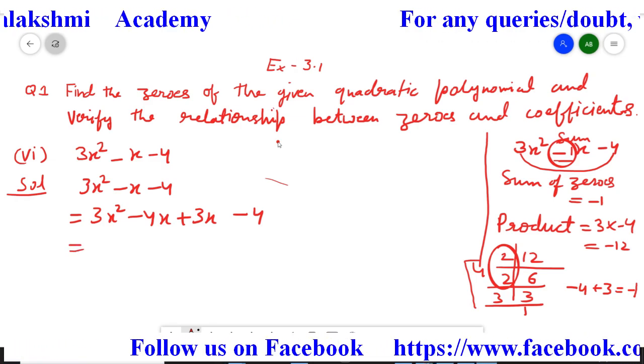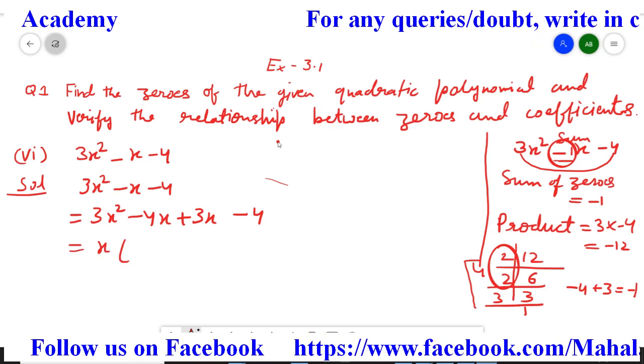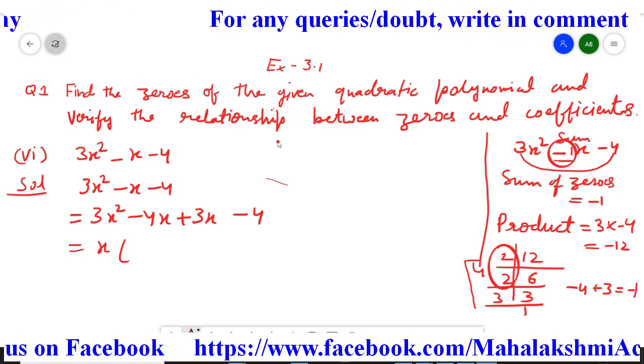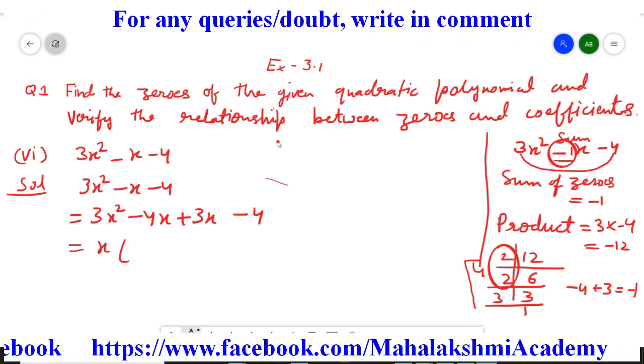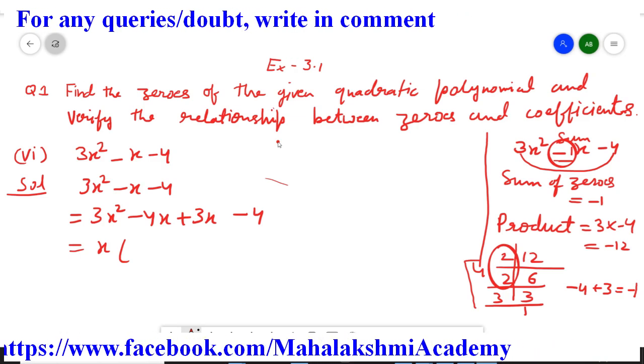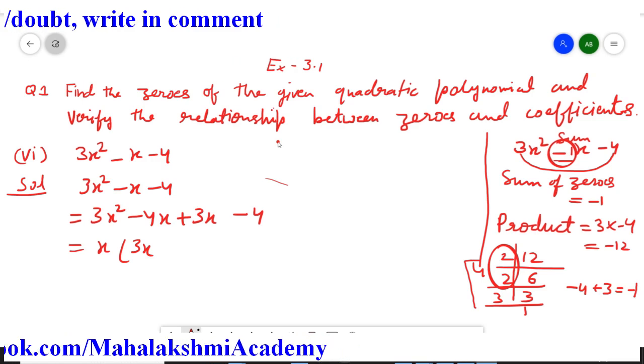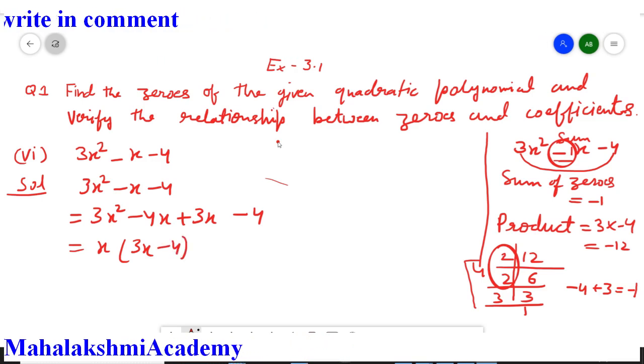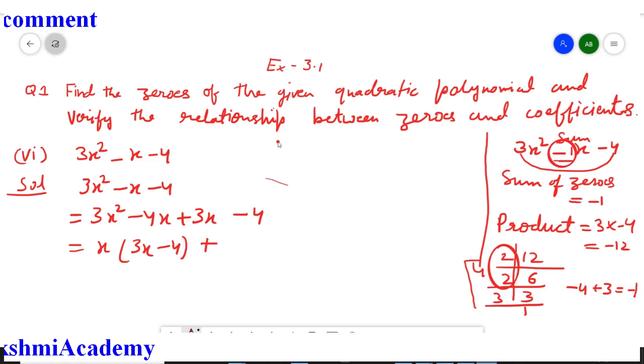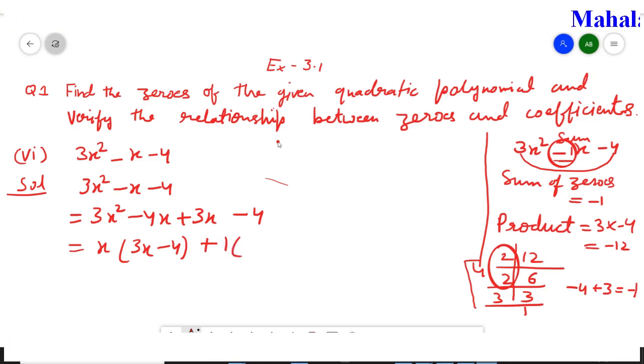Now from the first two terms, take x common. When you take x common, what is remaining? Common means you have to divide. So when you divide 3x square by x, you get 3x, and when you divide minus 4x by x, you get minus 4. Now from the last two terms nothing is common, so take plus 1 common, because the terms in the next bracket should resemble this bracket.